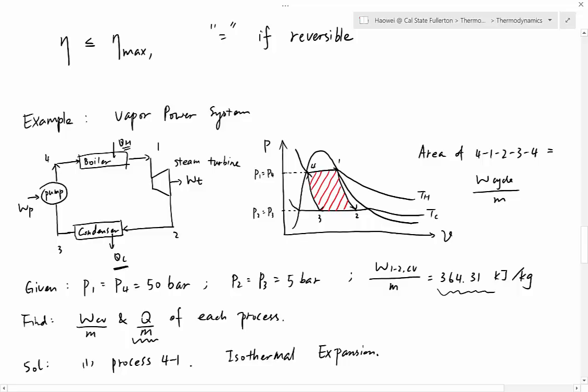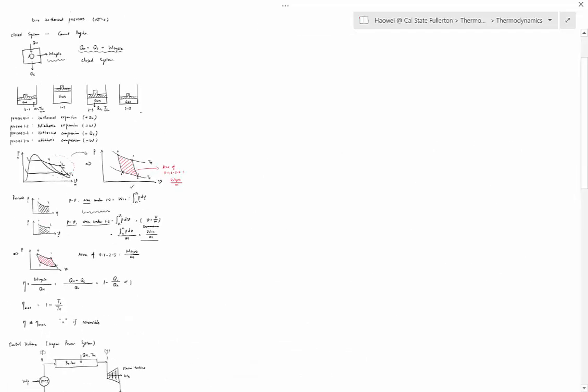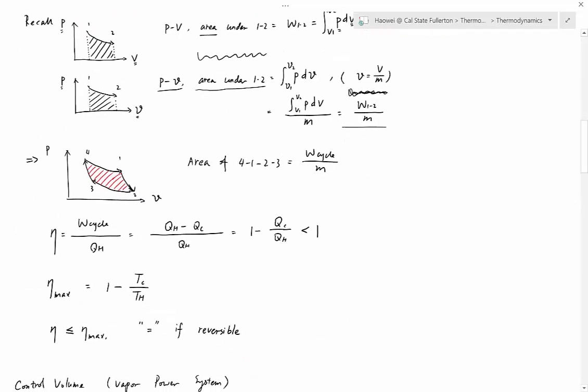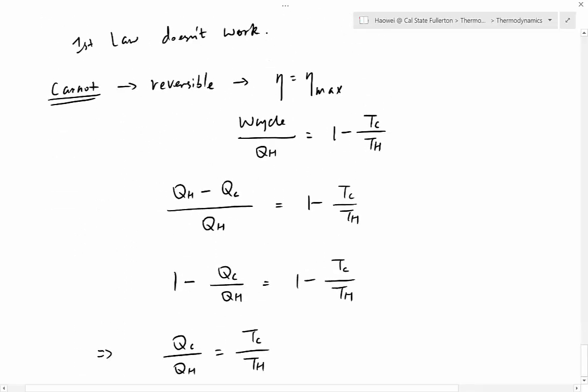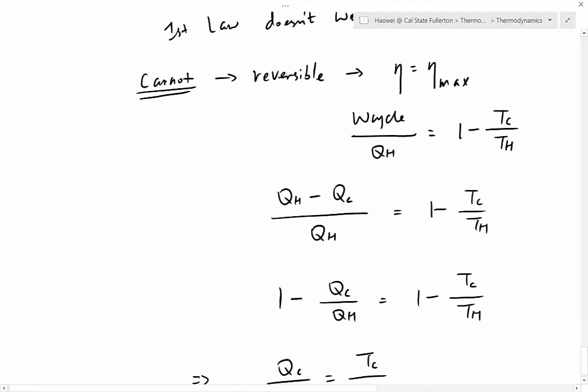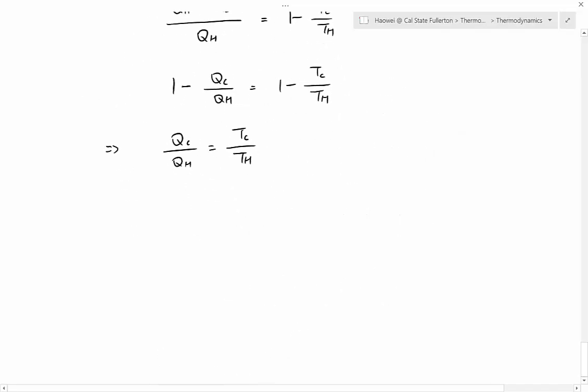So we can change QH to Q421. Okay, so we change the subscript. QC, we change it to Q223. And Q hot, we change it to Q421. Right hand side is still Tc over Th.